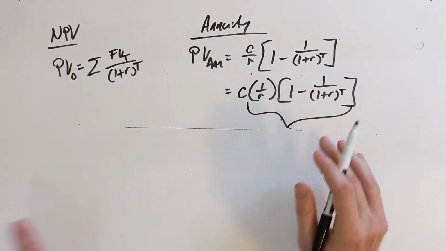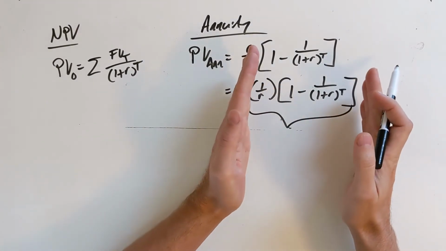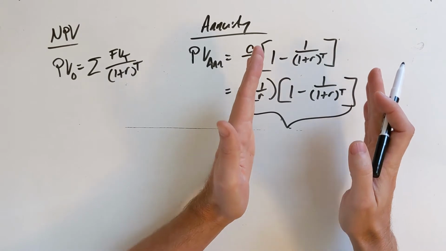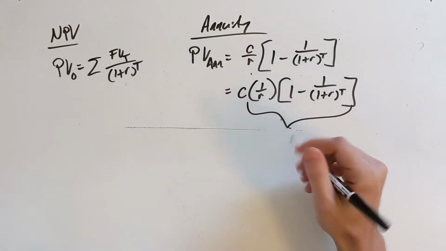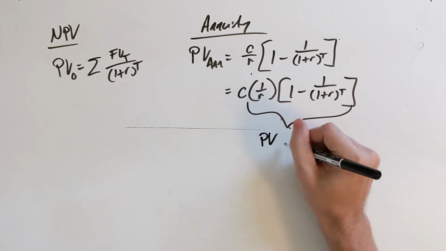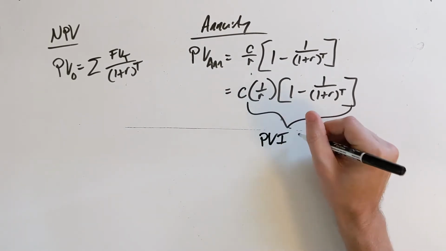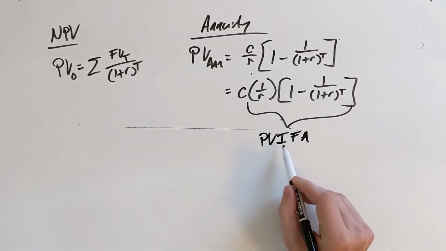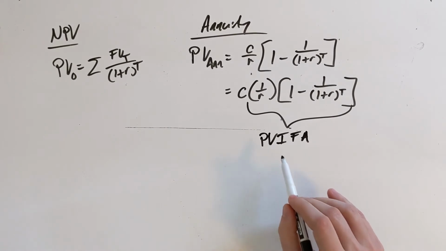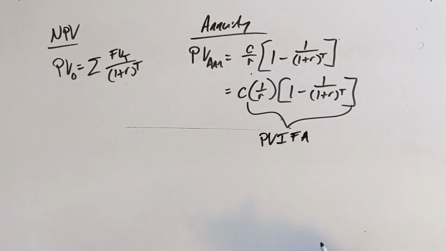Because here's the thing, this second piece of the formula is what we often call the present value of a future annuity. It's the present value interest factor on an annuity.